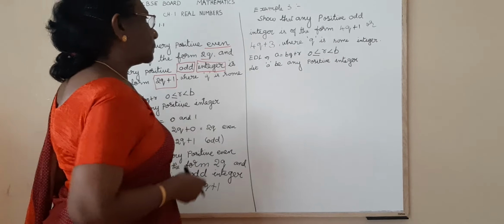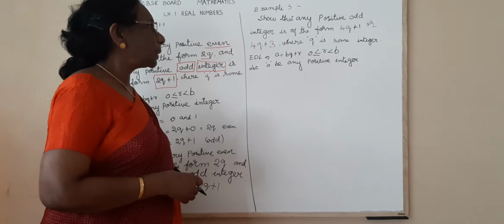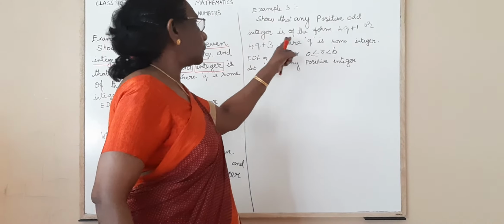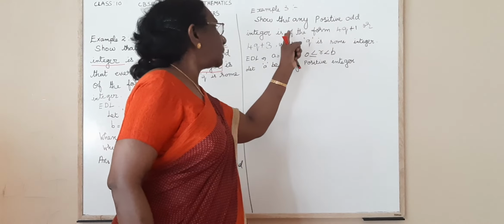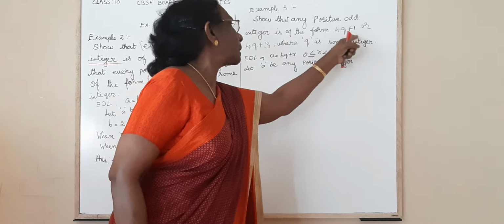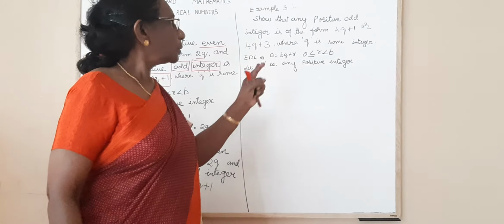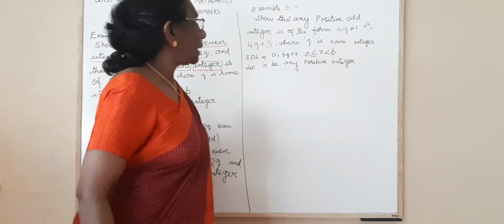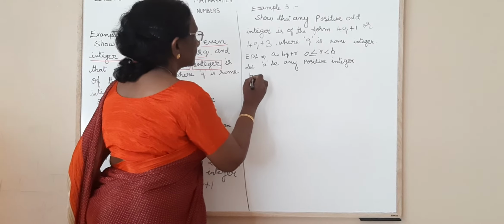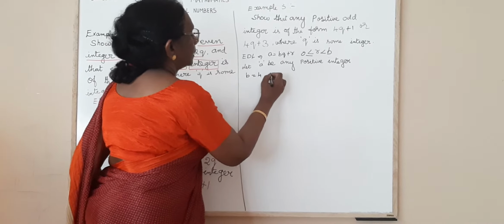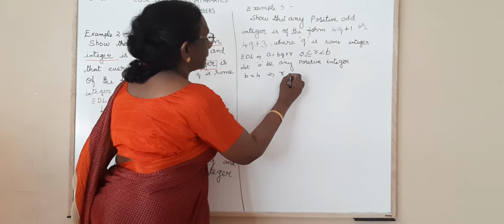Okay, now we have to select b. As usual, what we have to prove? Every positive odd integer is of the form 4q plus 1 or 4q plus 3. Okay, so b will be equal to 4, which implies the possible remainders.